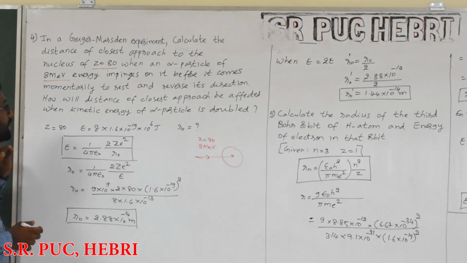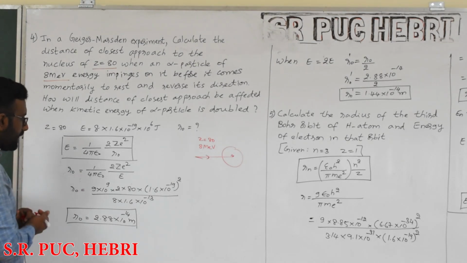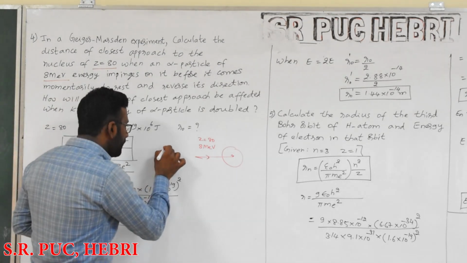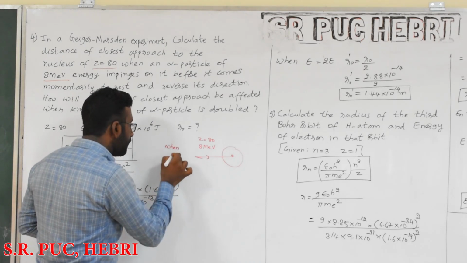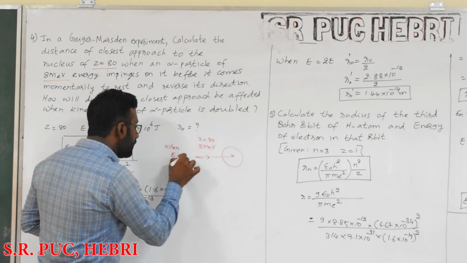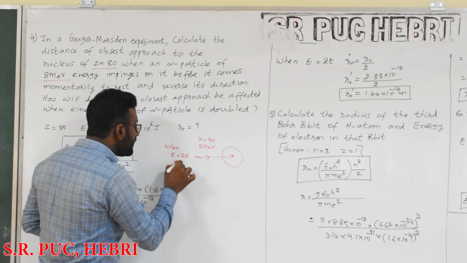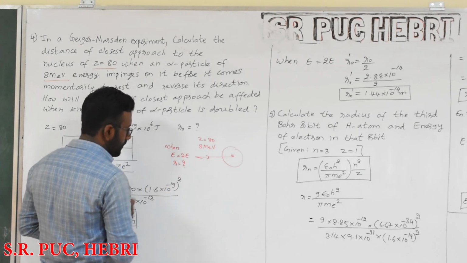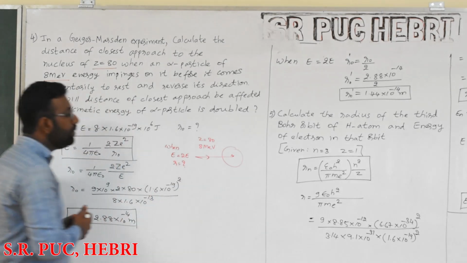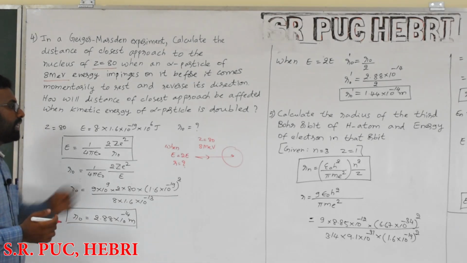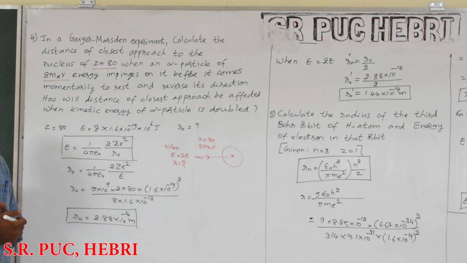Now the question is, when you double the energy, that means when E becomes 2E, what happens to R, or what happens to R naught? That is the question asked over here.